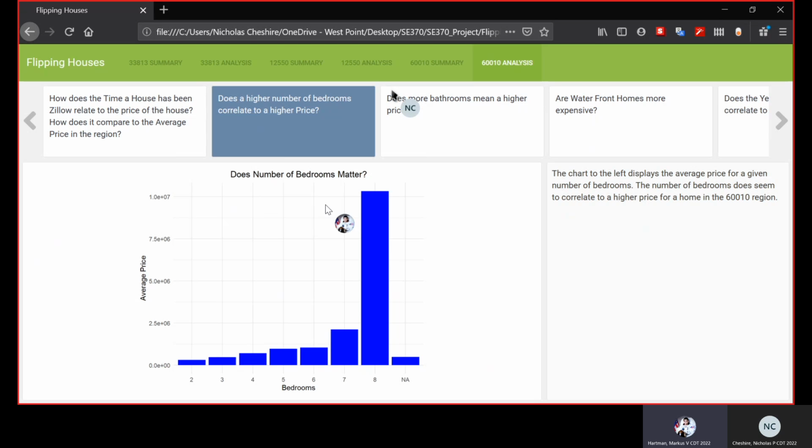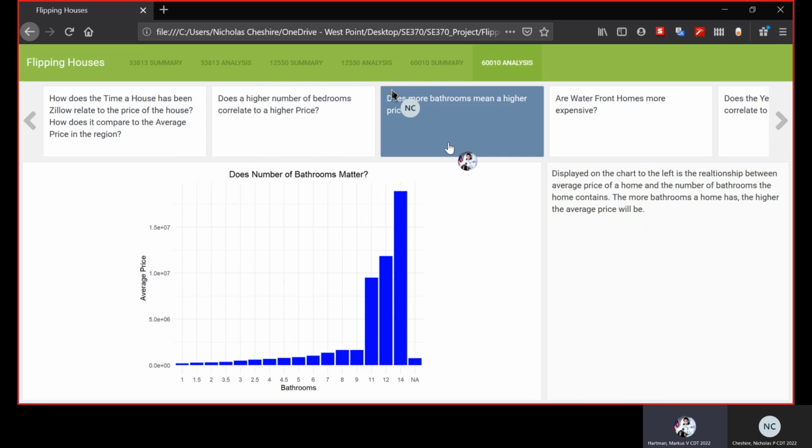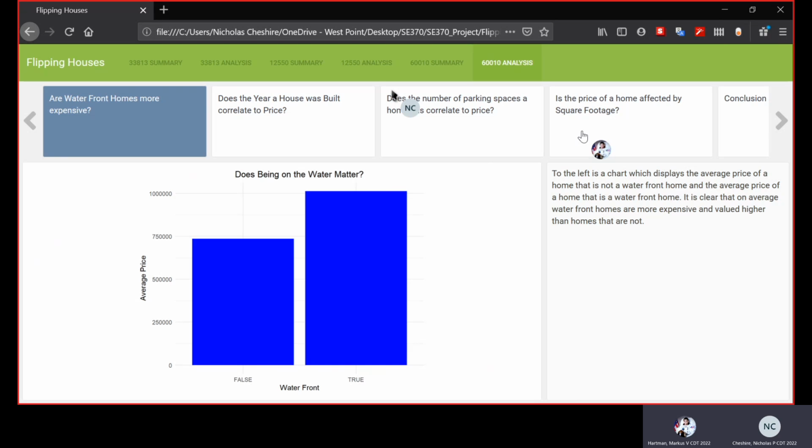Again, similar to the other zip codes, the more bedrooms that a house has, the higher and more expensive the house will be. And the same with the bathrooms. The more expensive the house correlates to more bathrooms. And being on the waterfront is a little bit more expensive, attributed to the demand.